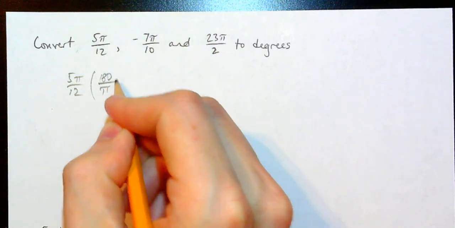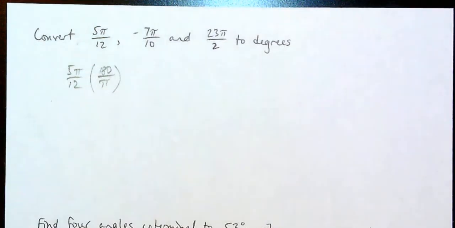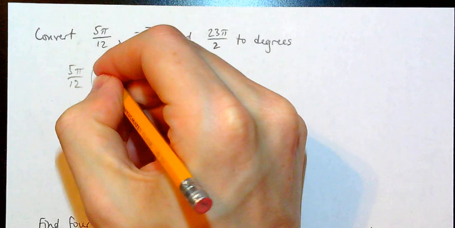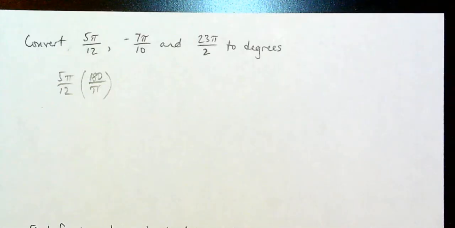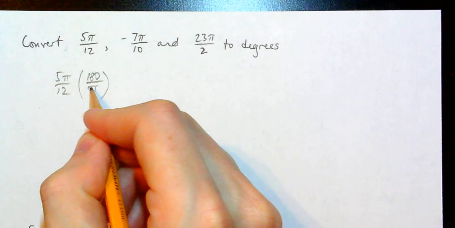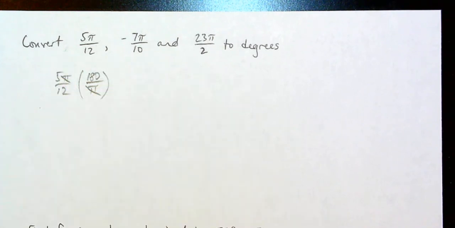Remember, when we convert from radians, we're multiplying the thing by 180 over pi. And we're doing this so that the pi's cancel out. You don't want pi's left over in your answer when you're converting from radians. So the pi's cancel out.